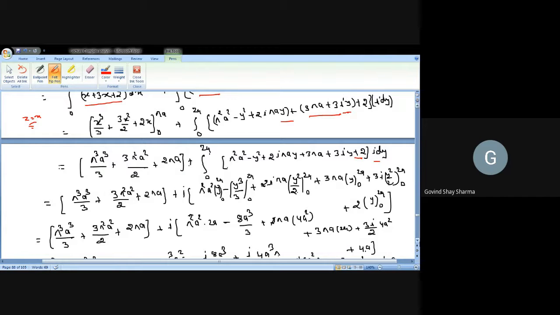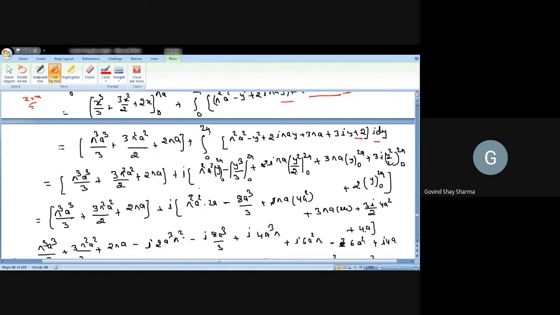Now the π³a³ term is as it is. Now we solve π²a²: integration of dy becomes y; integration of y² becomes y³/3; integration of y becomes y²/2; 3i y²/2.